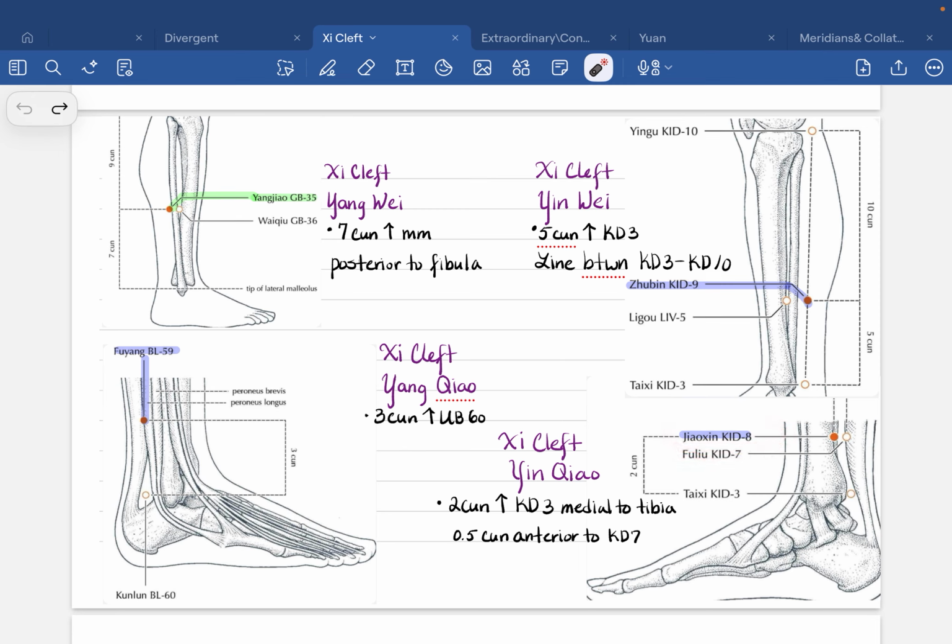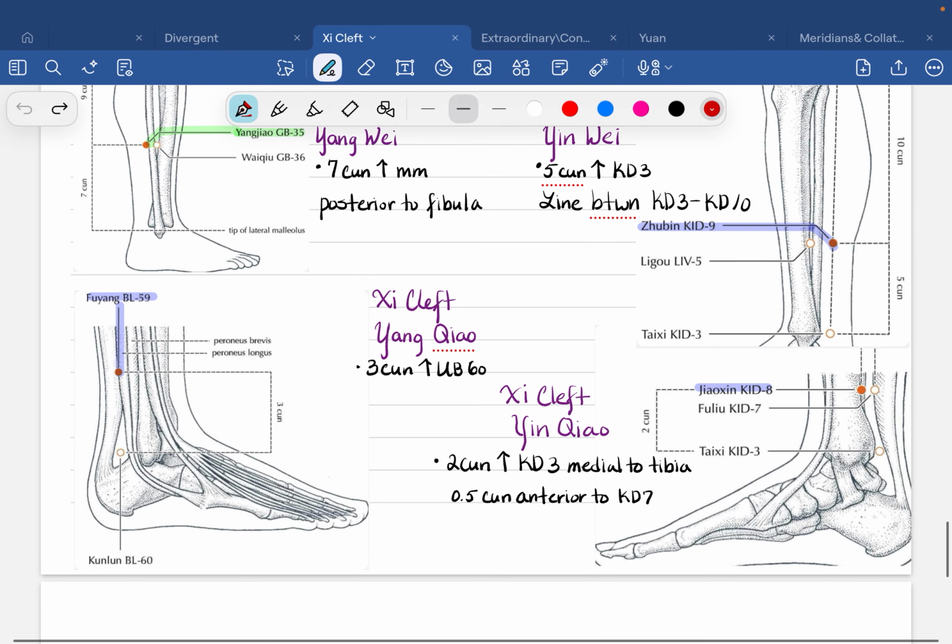So you already see there's already 3 kidney points right here. You can kind of remember this, which would be important. So we have, of course, the kidney. Let me write this down better. We have the kidney xi-cleft point being kidney 5. Now the xi-cleft point of the yin qiao being kidney 8.